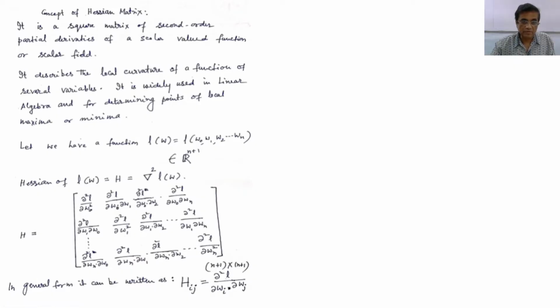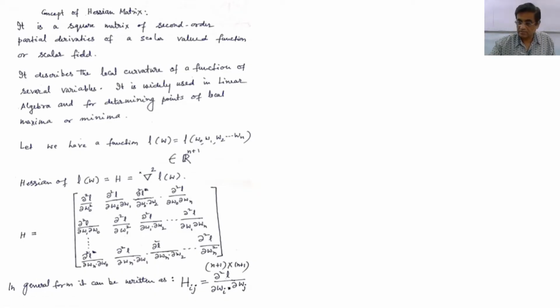What you are observing is that the diagonal elements are del square L, del W0 square, del square L, del W1 square, del square L, del W2 square, etc., up to del square L, del Wn square. So that is an n plus 1 cross n plus 1 matrix. This is called the Hessian matrix.